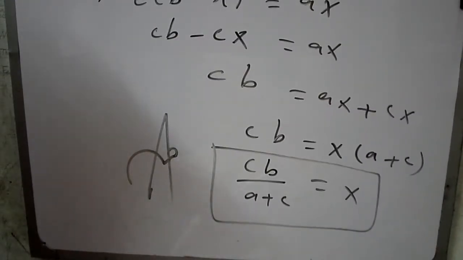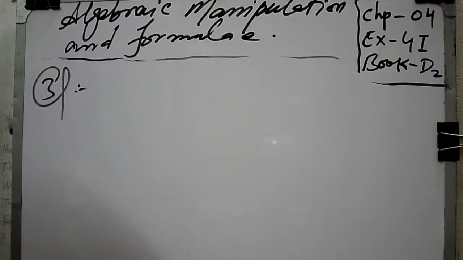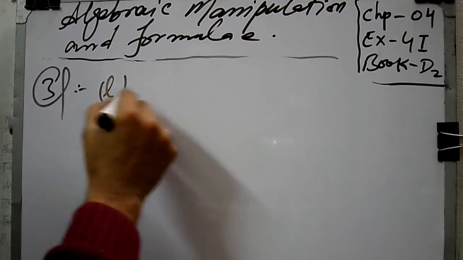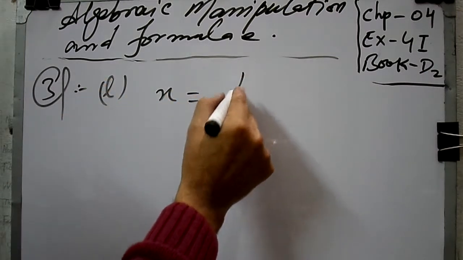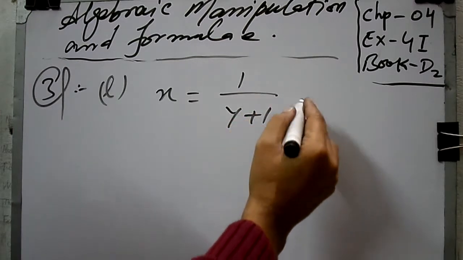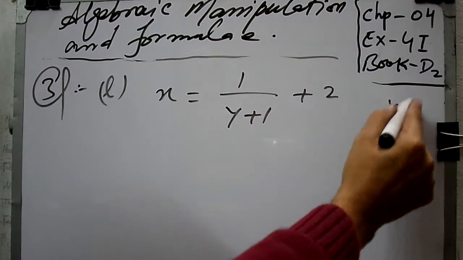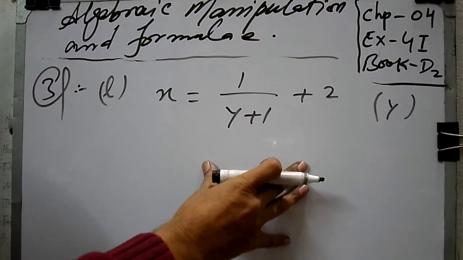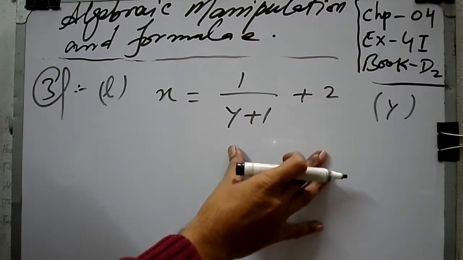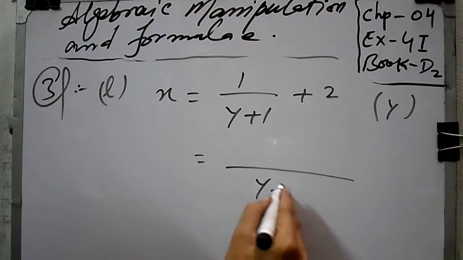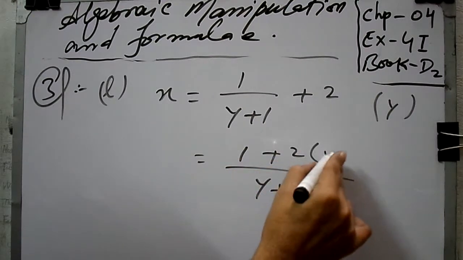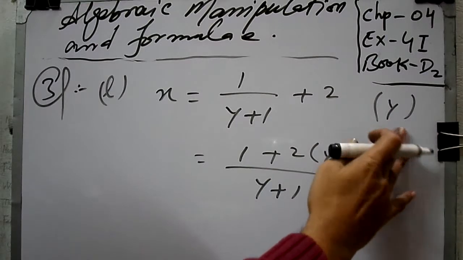So coming to the L part, you can see here X is equal to 1 divided by Y plus 1 plus 2. So you have to find the value of Y. So by taking LCM, we have to make Y as a subject.